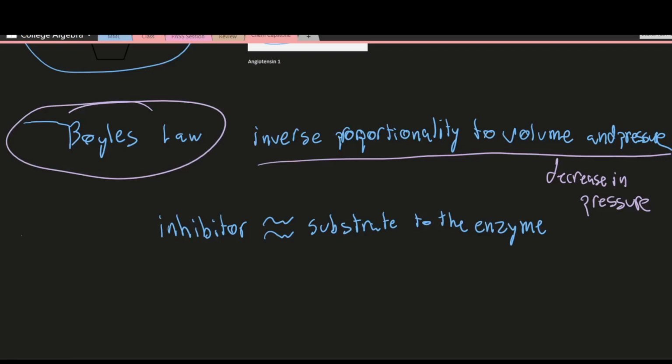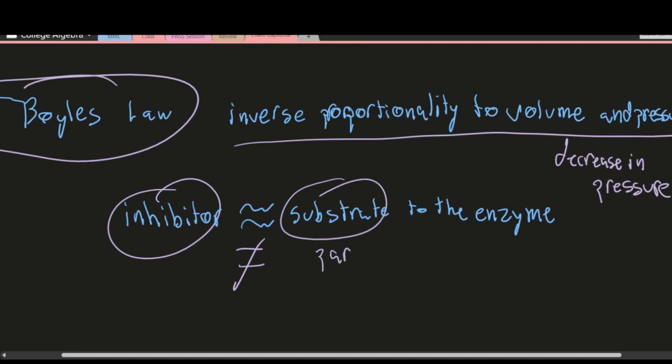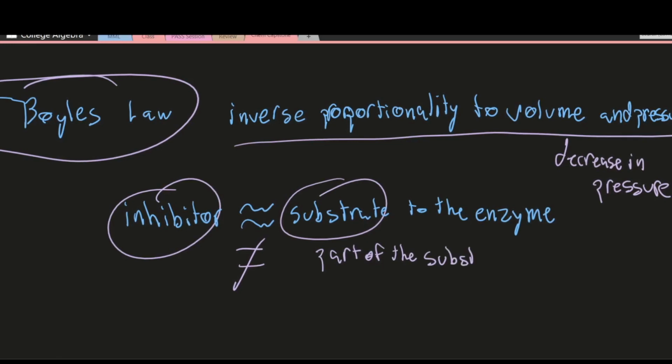Another kind of connection we can make is inherent within the shapes of the inhibitor and the substrate. Obviously, these aren't fully equal, but since the inhibitor imitates one specific part of the substrate, specifically the part which binds to the active site of the enzyme, it is able to render the enzyme useless, as the enzyme can't do what it needs to do to the inhibitor, as it isn't its target substrate.